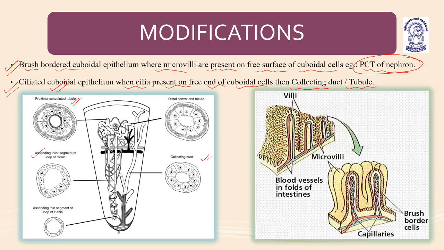So here I'll mention the change. This is made up of squamous epithelium. This is also made up of squamous epithelium. The thick part is made up of cuboidal epithelium.